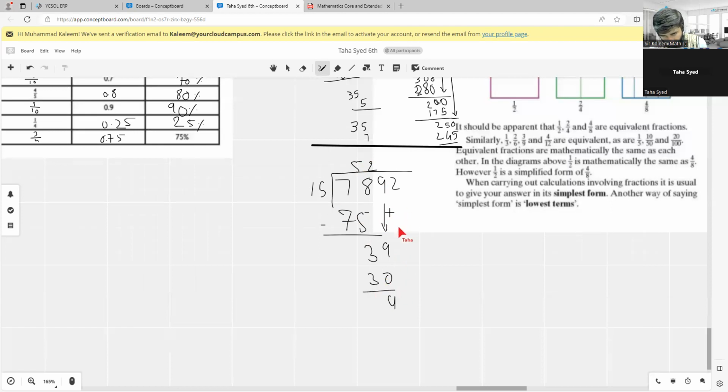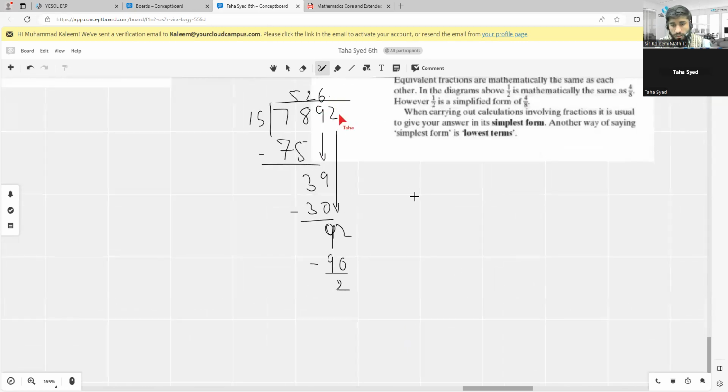15 times 6 becomes 90. You can put the decimal.